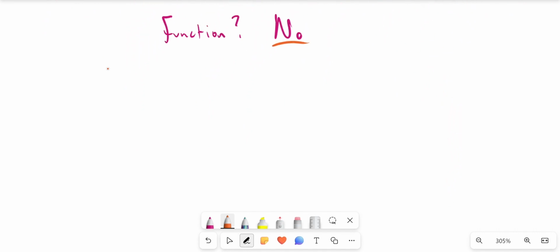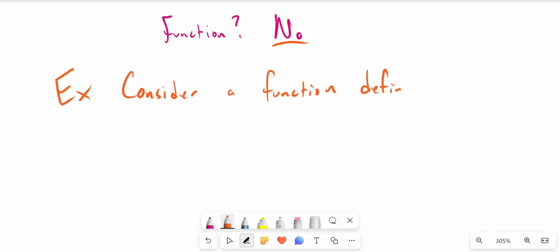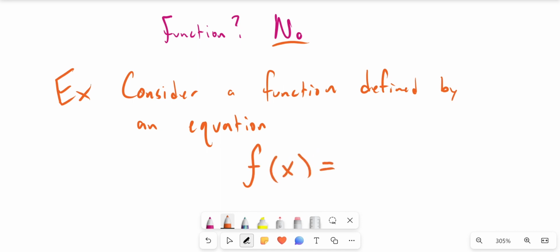Now let's consider another example, a function defined by an equation. So the usual syntax for this is to give the function a name, to say what it's going to take as an input, and then say what I'm going to do to that input as an output.